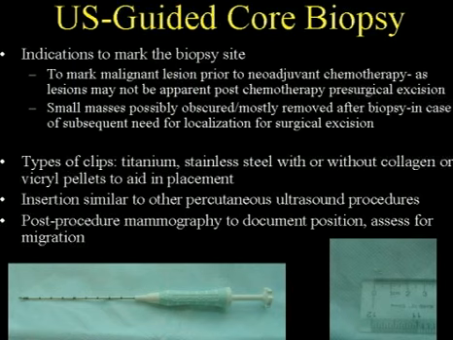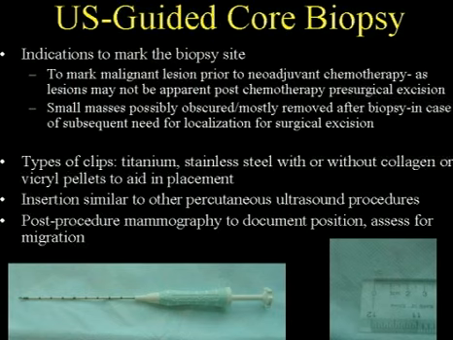There are many different types of clips. Some are made of titanium or stainless steel, and often with or without collagen or vicryl pellets. And the collagen or vicryl pellets aid in the placement and expand within the biopsy cavity to keep the biopsy clip in place. The insertion is similar to other percutaneous biopsy procedures. Here I have one type of application device.